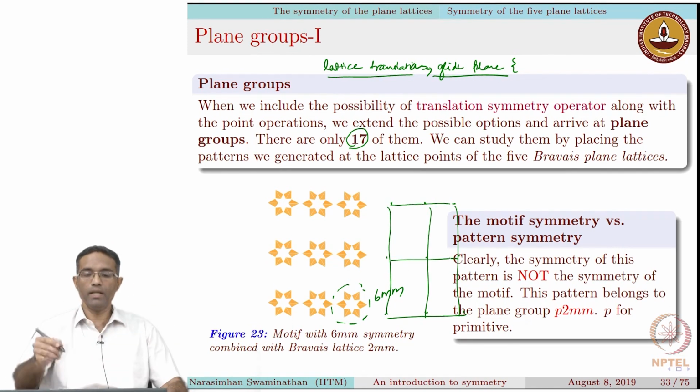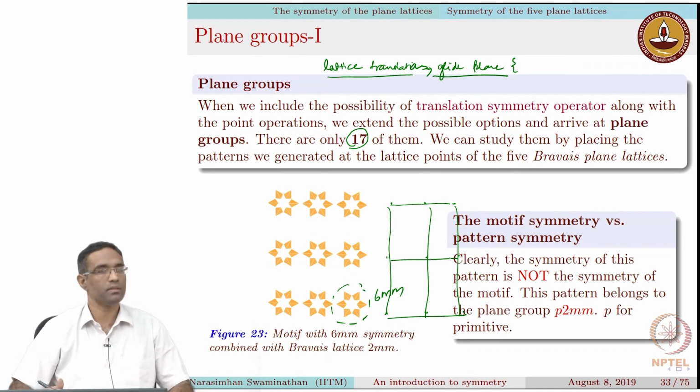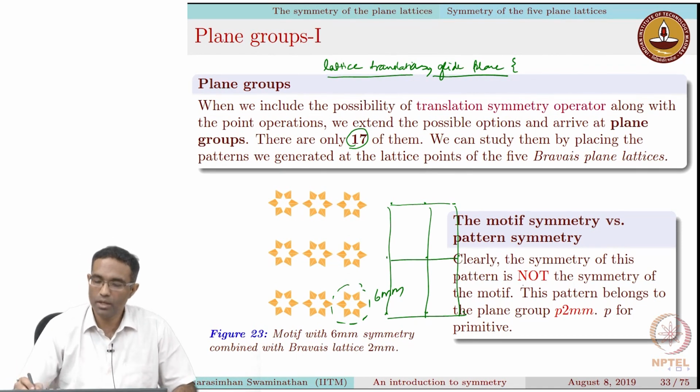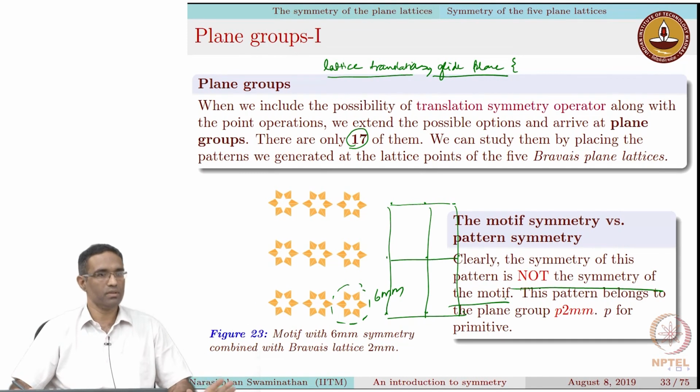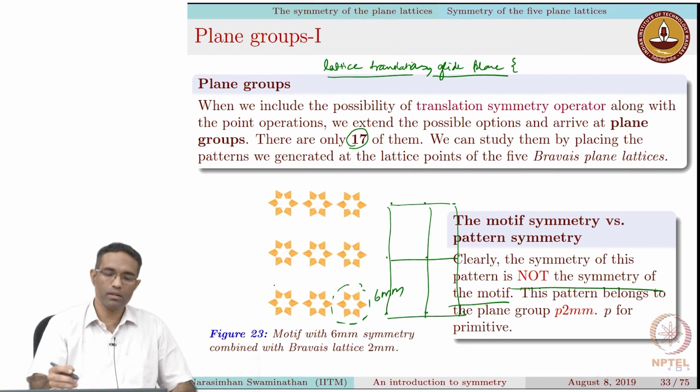And at each lattice point I am placing these things. So the symmetry of this pattern is not the symmetry of the motif. First thing that you should look at is that the symmetry of the pattern is not the symmetry of the motif.